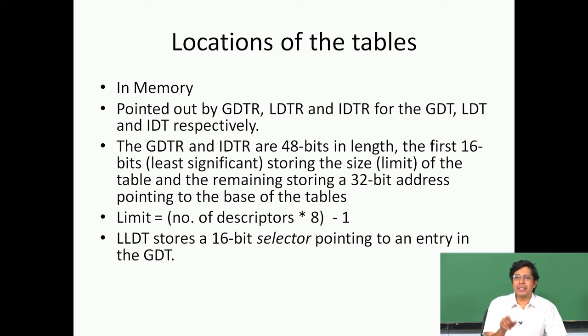LLDT will point to some selector. It is a 16-bit selector pointing to an entry in the GDT, right? And in the GDT, there will be a local descriptor table descriptor, and that will point to the start address of the local descriptor table and also the limit.